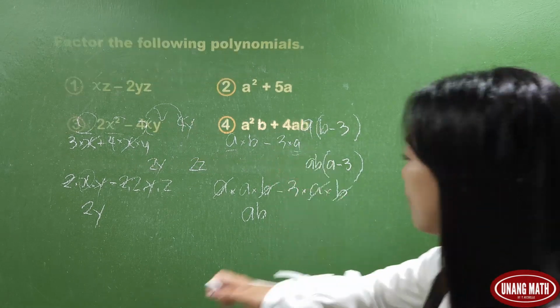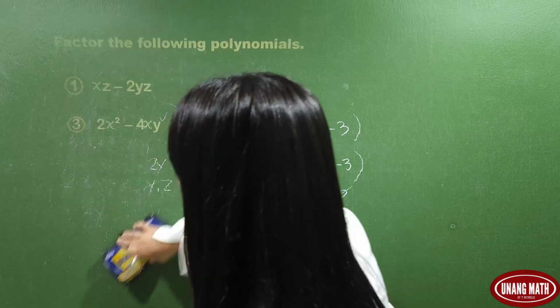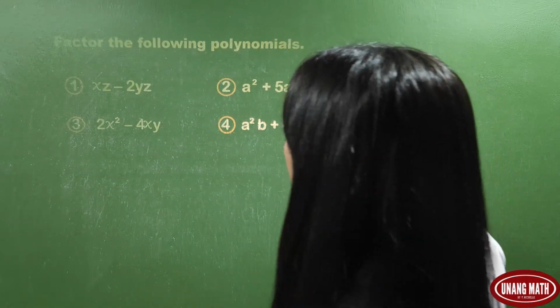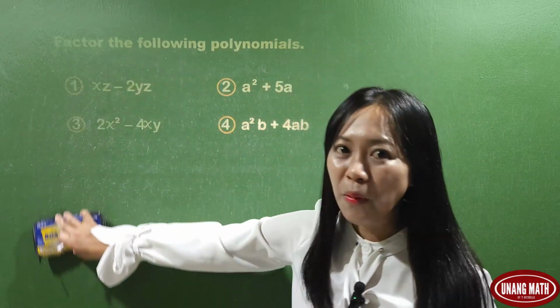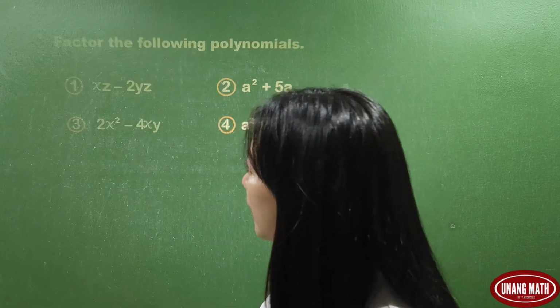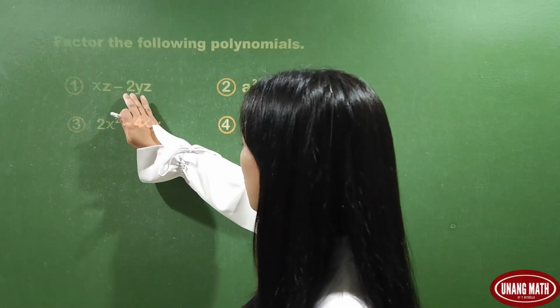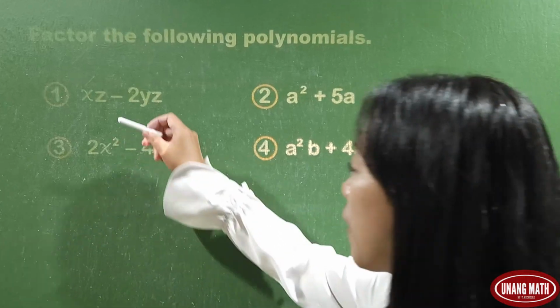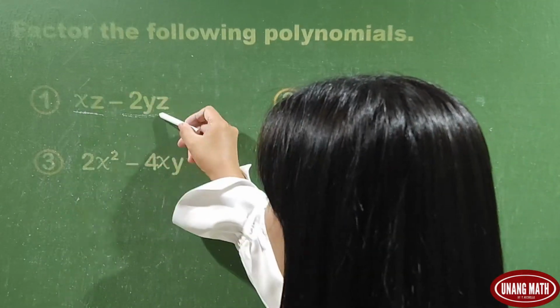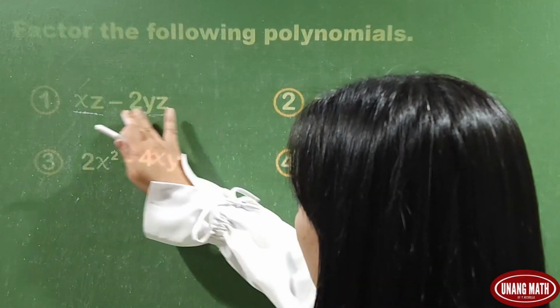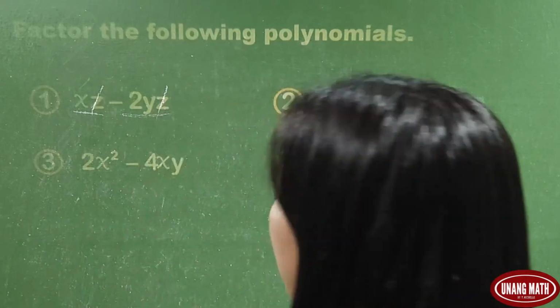Okay, let's have the next concept check questions. We are going to factor the following polynomials. Number 1 is xz minus 2yz. This is our first term, take note, and this is our second term. The common factor here, as you can see, is z.